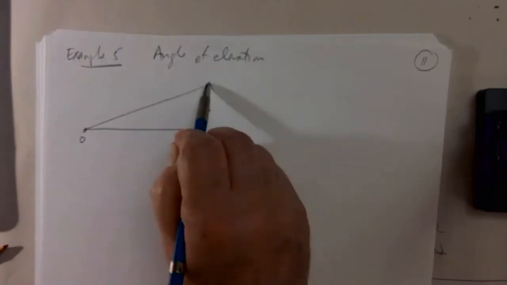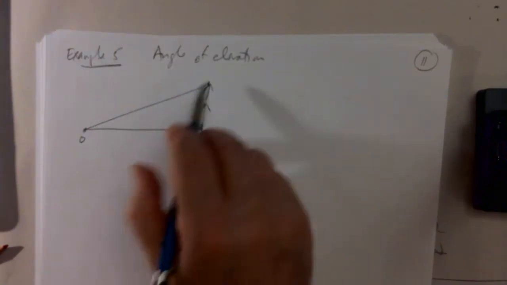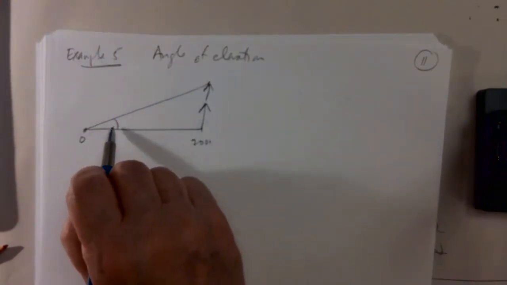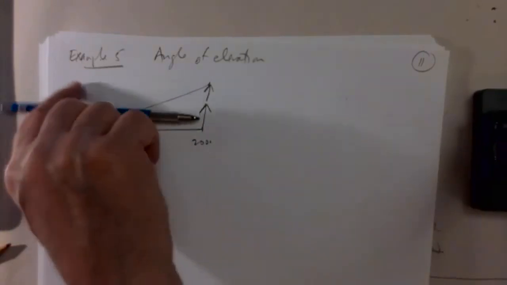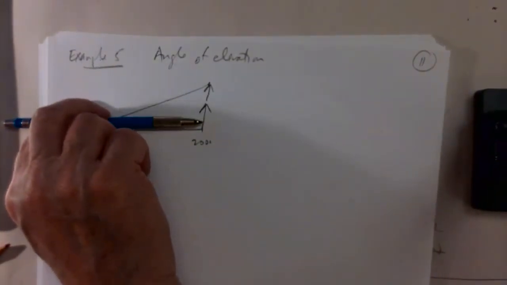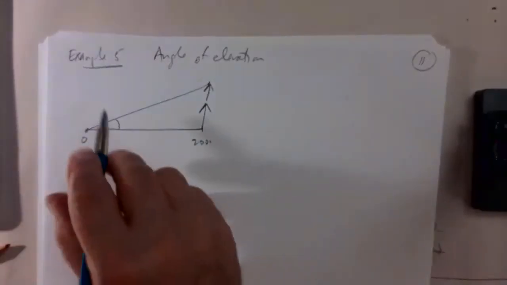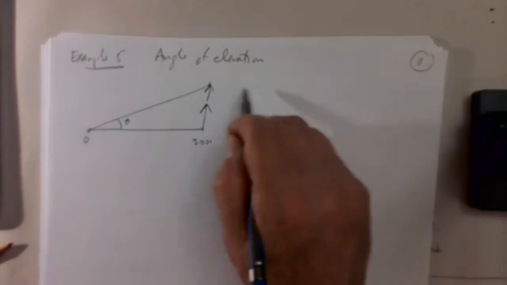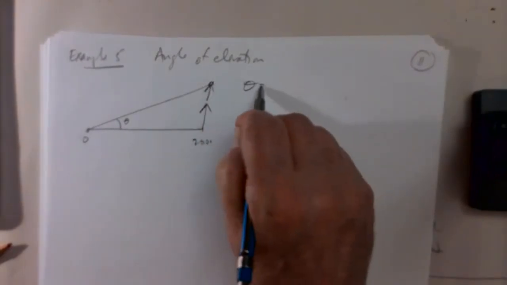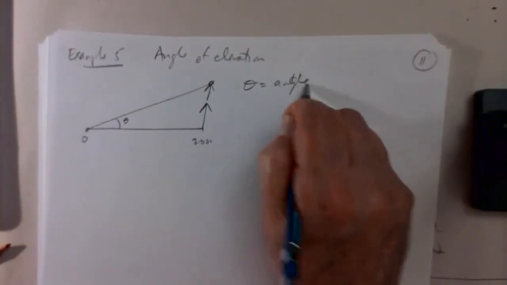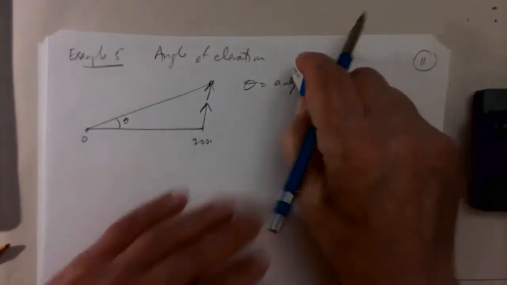And you look at the rocket, say you're looking at it with a telescope, and it's going up. And as it goes up, this angle theta is increasing. So this angle theta is called the angle of elevation.